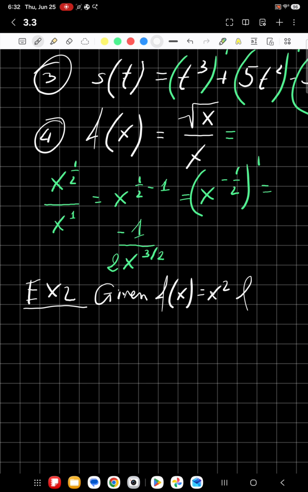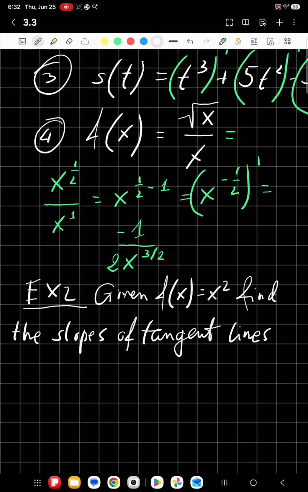Find slopes of tangent lines, lines tangent to the graph at x equals -1, then let's do 0, and then 2.